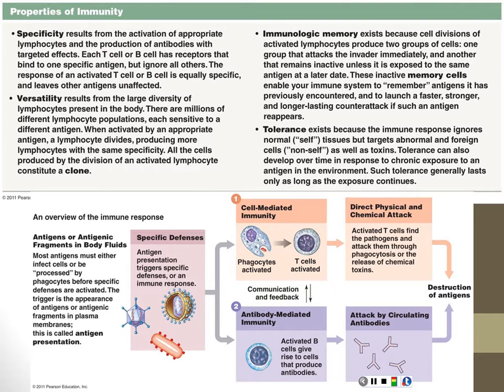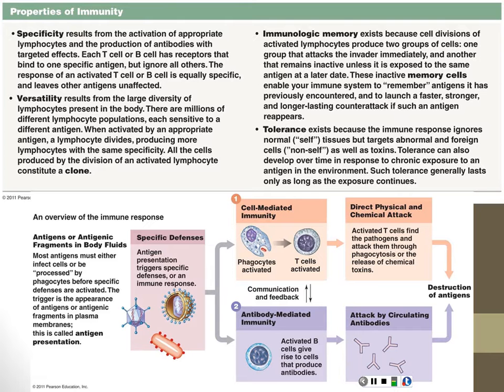What characteristics does it have to have in order to do what we need it to do? Because ideally, we want an immune system that will protect us from any and all pathogens, as quickly as possible, all without ever attacking a normal, healthy cell, right?